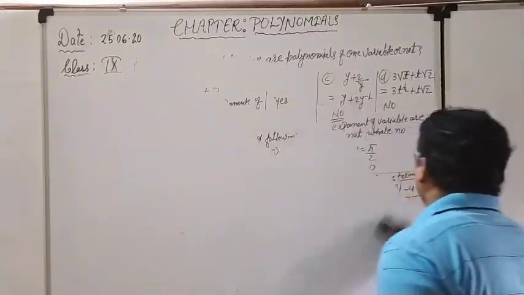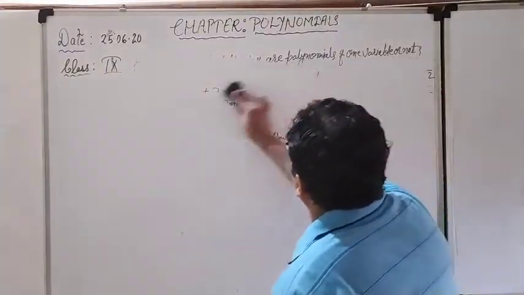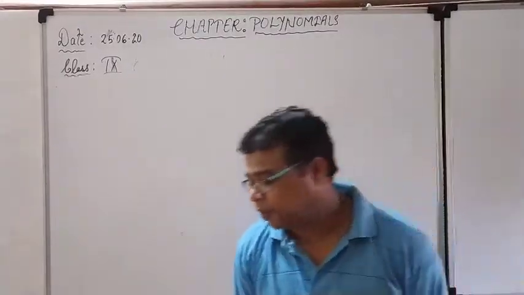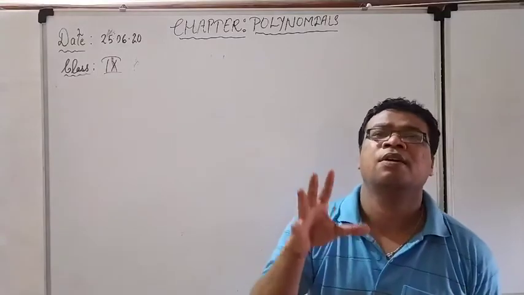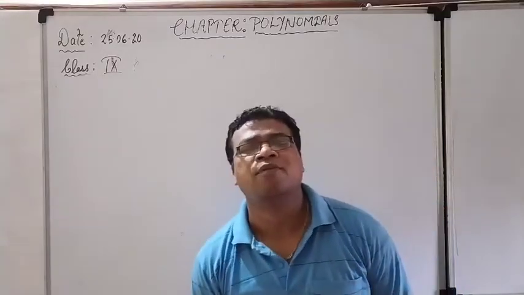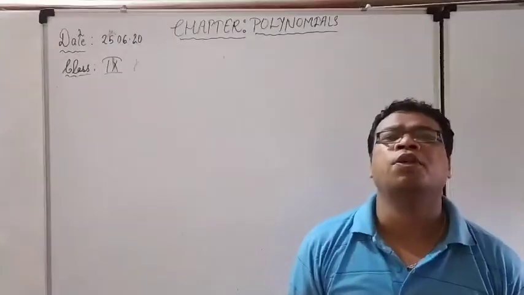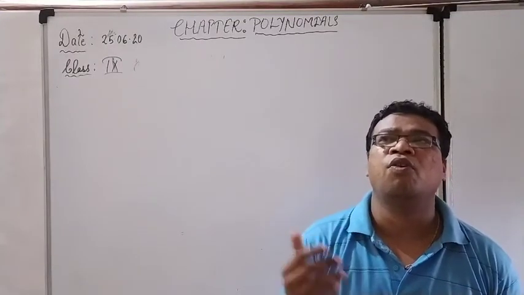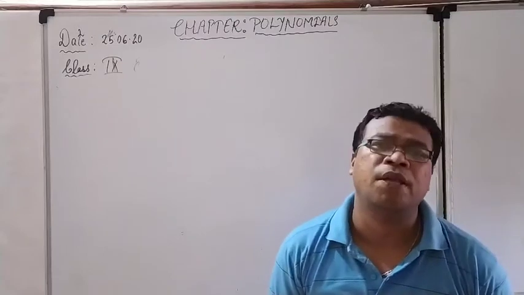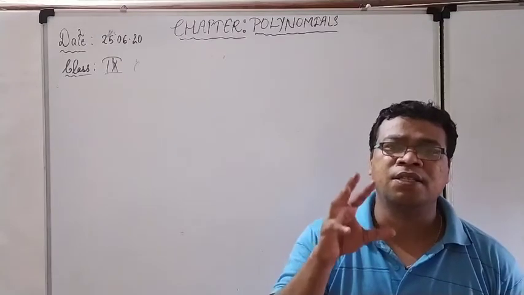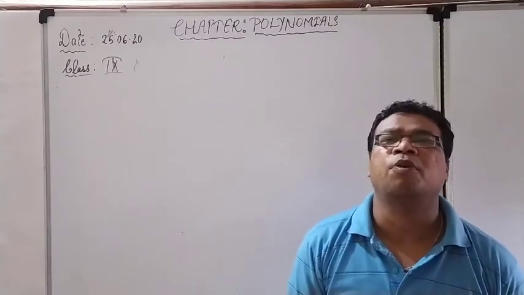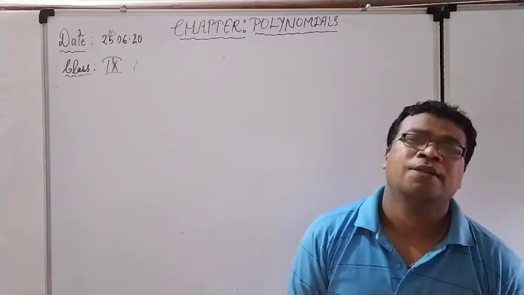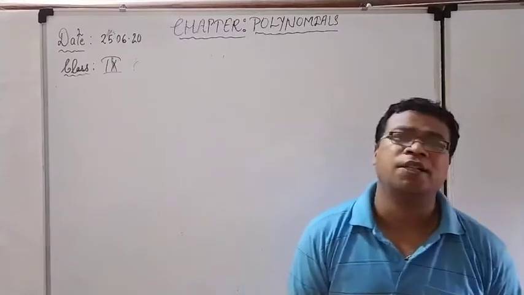No problem, zeros of the polynomial we will study in the next lecture, where I will explain what the zero of the polynomial is, with some examples, and how to find the value of a polynomial for a particular value of the variable, and verify whether this is a zero of a particular polynomial or not, or how to find zeros. These are all the things we have to study in the next lecture.